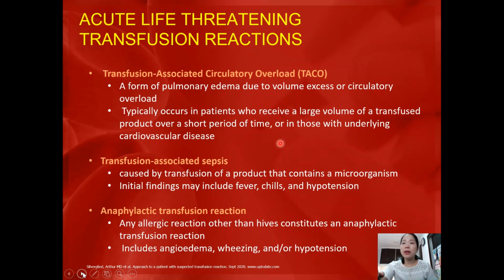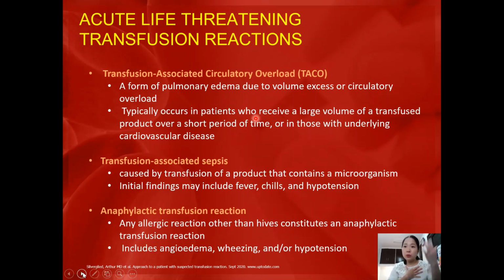What about TACO, or your transfusion-associated circulatory overload? This is a form of pulmonary edema due to excess circulatory fluid. This usually occurs in a patient receiving a large volume of transfused blood over a short period of time. For example, you have a patient with congestive heart failure.